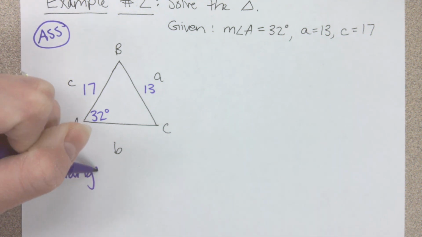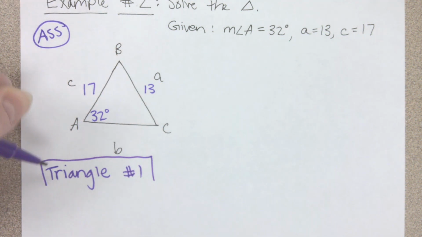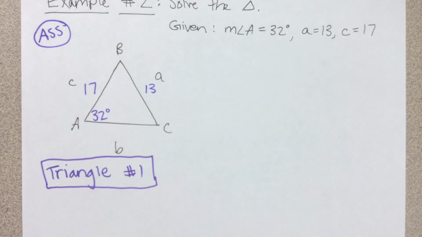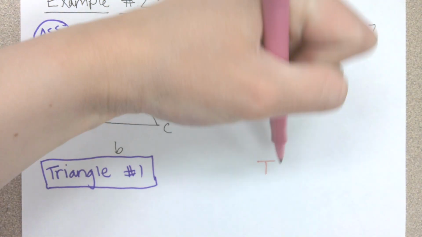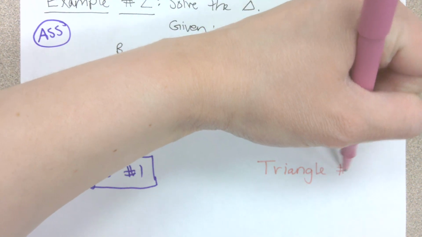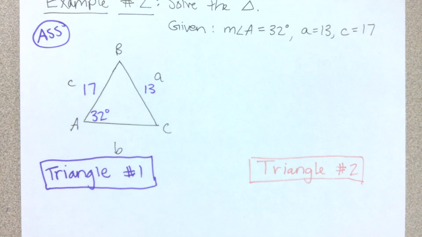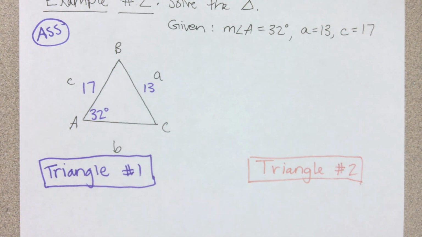So set up the space for triangle 1 and 2. I'm going to draw the picture for triangle 2 when I have a better idea of what it's going to look like, which angle is going to be affected.